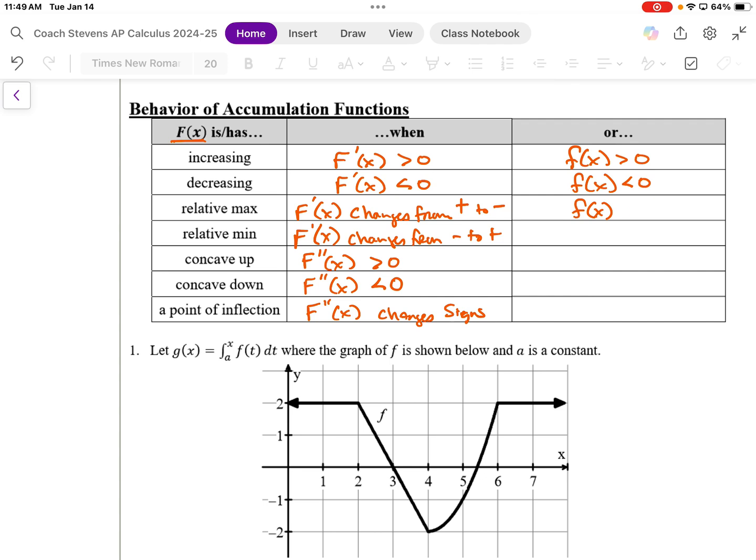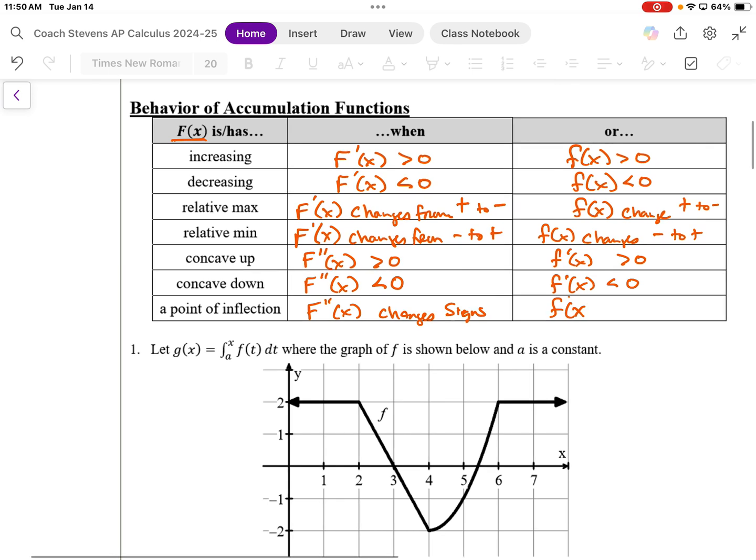We would change from positive to negative, and then it's a minimum when f of x changes from negative to positive. We are concave up when f prime of x is greater than 0, and concave down when f prime of x is less than 0. And then it would be f prime of x changes signs.